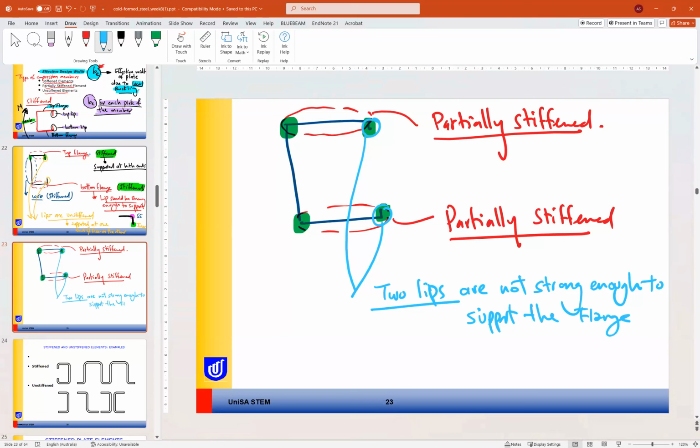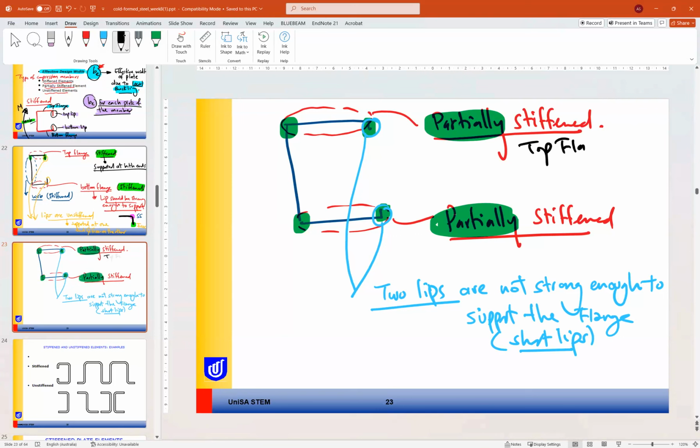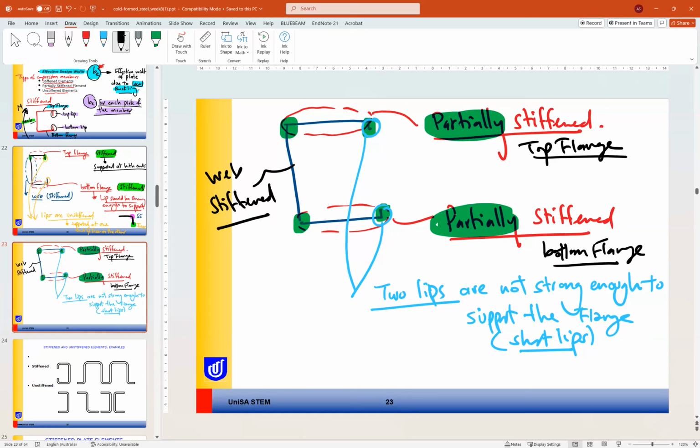So they are short lips. In this case, we can consider it a partially stiffened flange. So the top flange and bottom flange in this case are partially stiffened. The web is still stiffened, no problem with the web. So this is the difference between partially stiffened, stiffened and unstiffened plates.